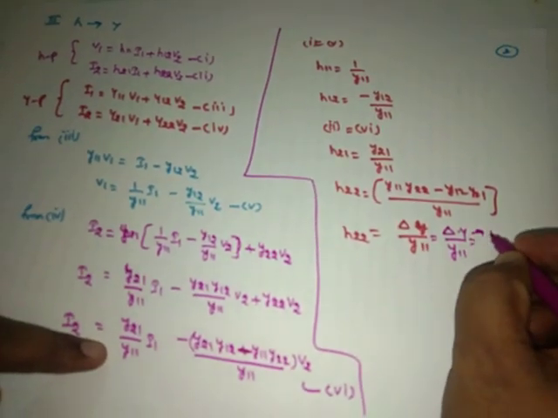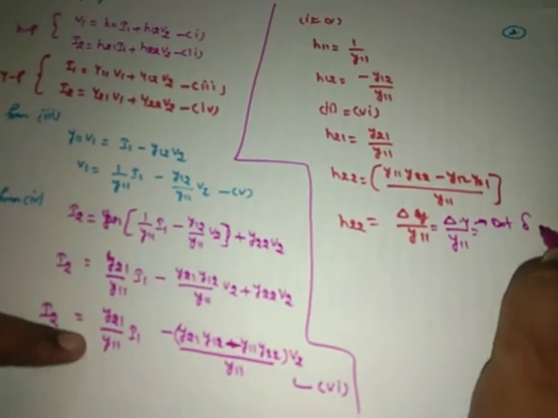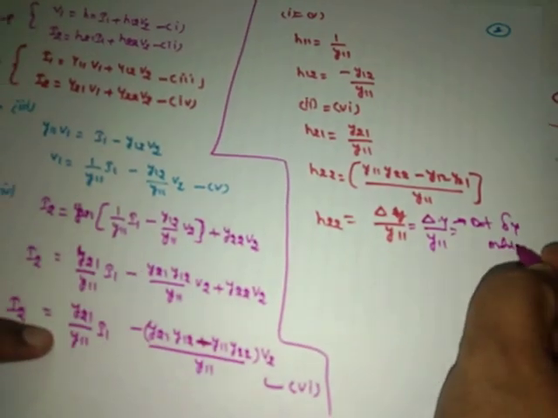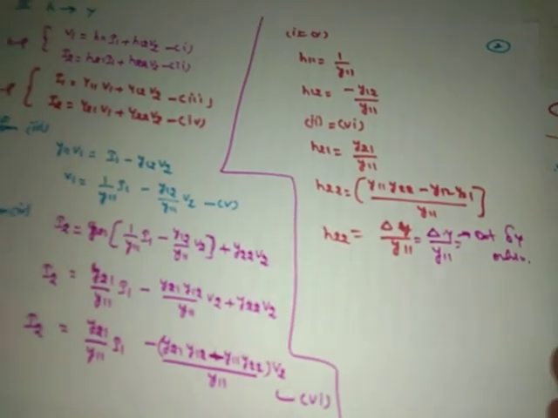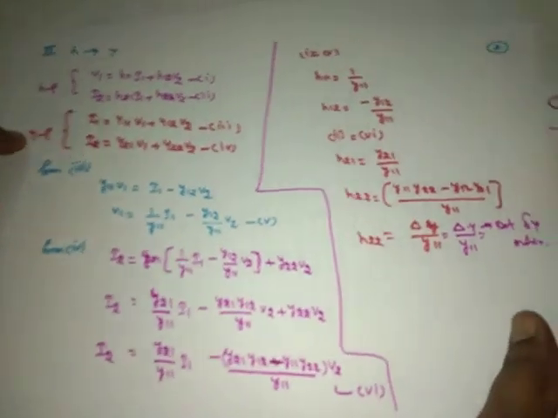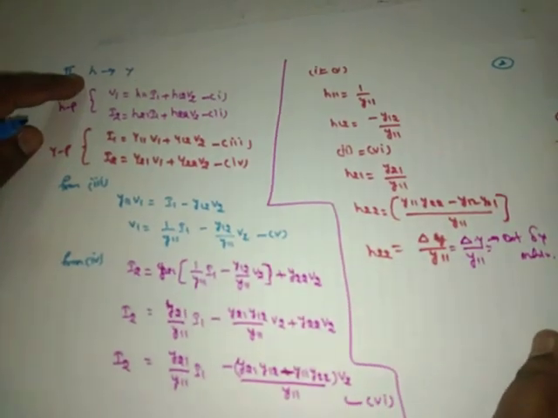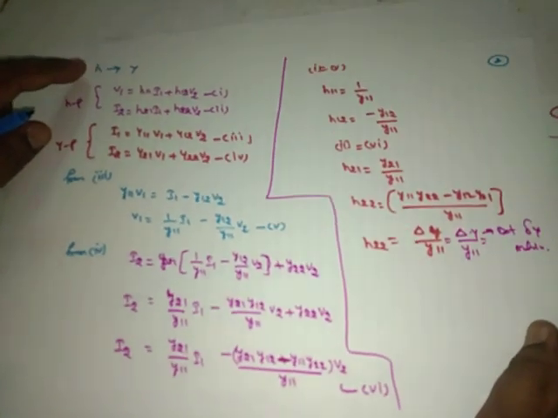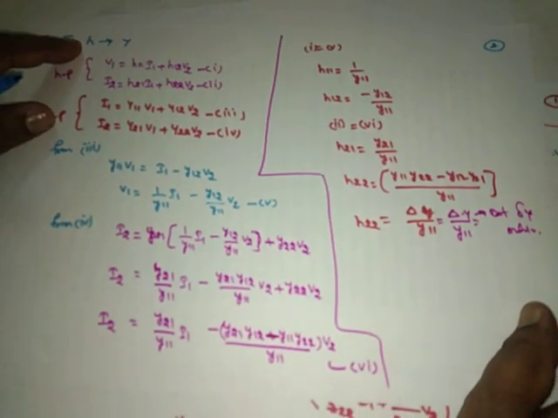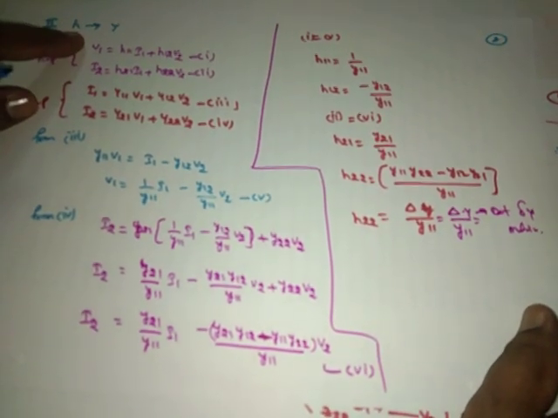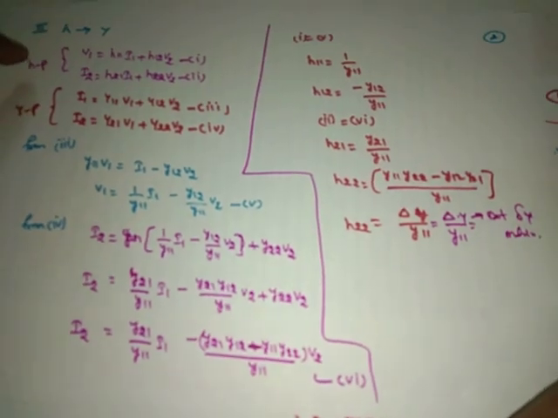So this is determinant of y matrix. Okay, this is the second case. We are converting or expressing h parameters in terms of y parameters or admittance parameters.